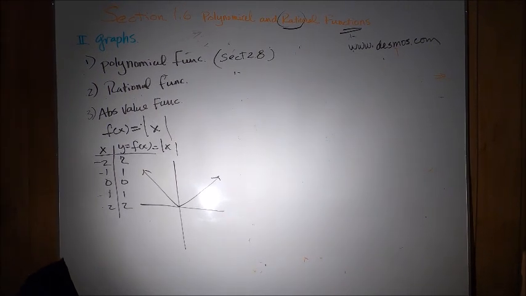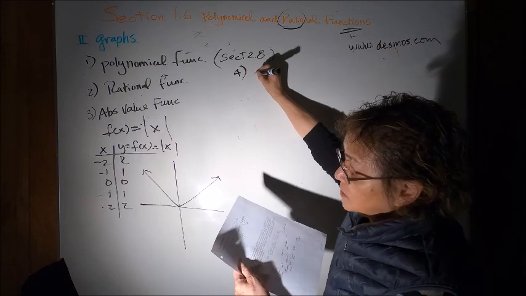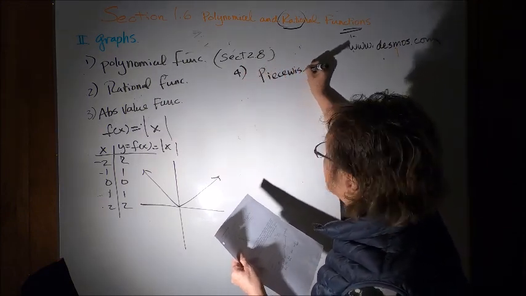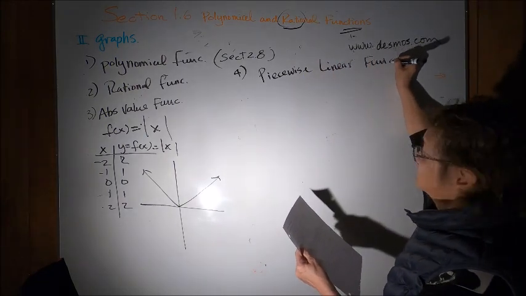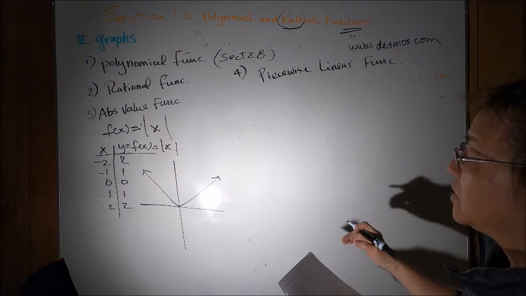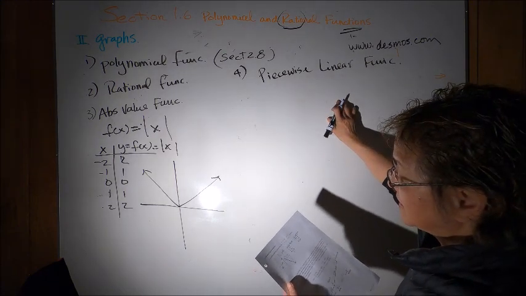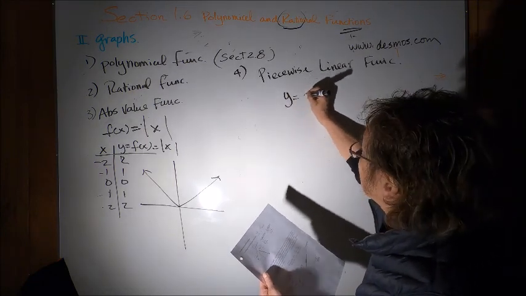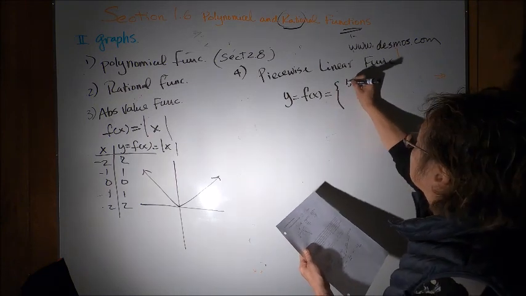Okay, next we are going to see some examples of something called a piecewise linear function. Then you can see its application. So let's take a look. If my y is f of x, we say it's this way.